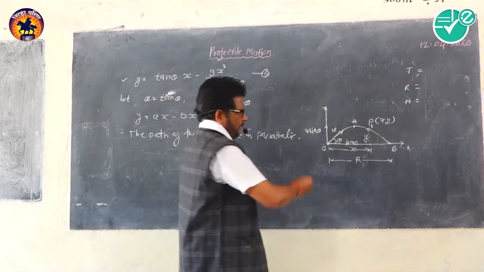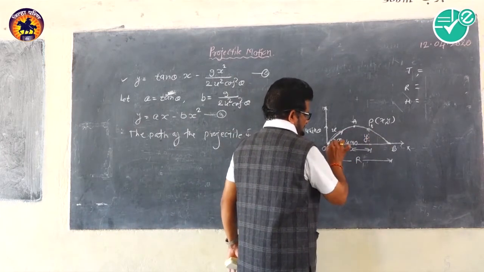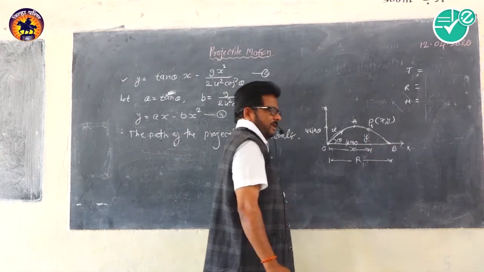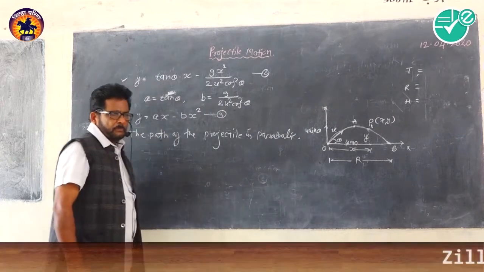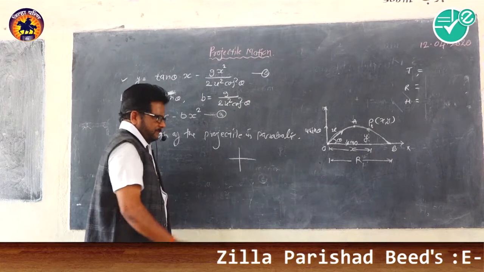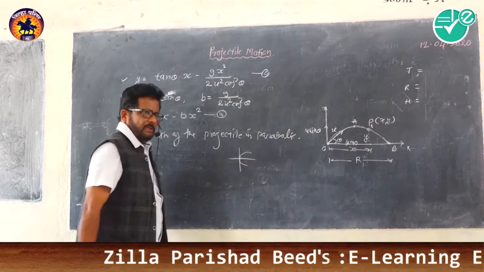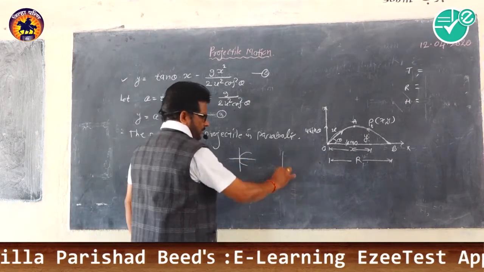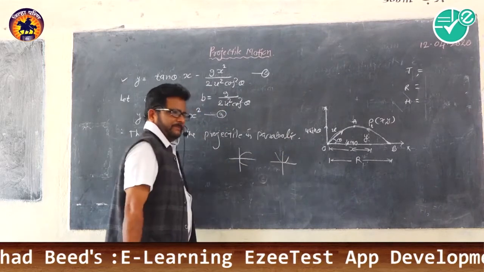And therefore, this type of curve is called the parabola. The parabola can be in any direction. This type of curve is a parabola, this is again a parabola, and this is again a parabola.